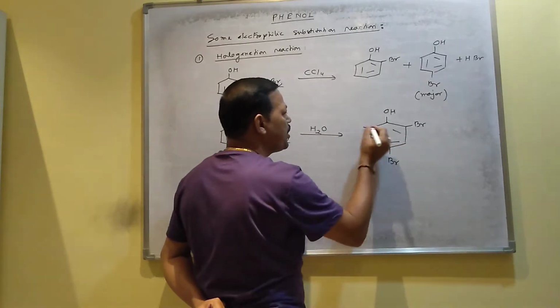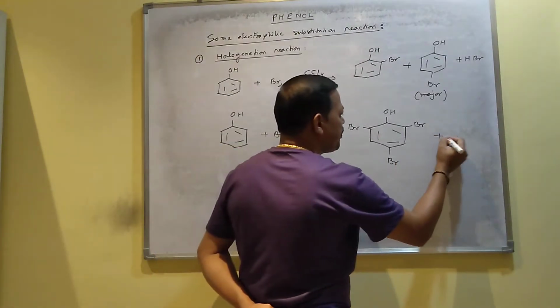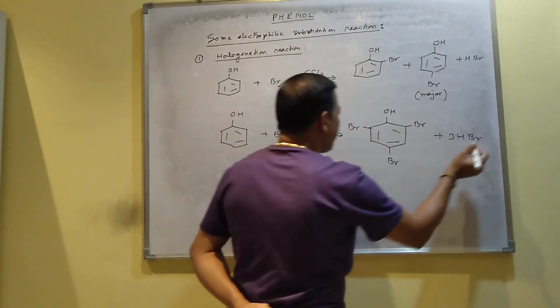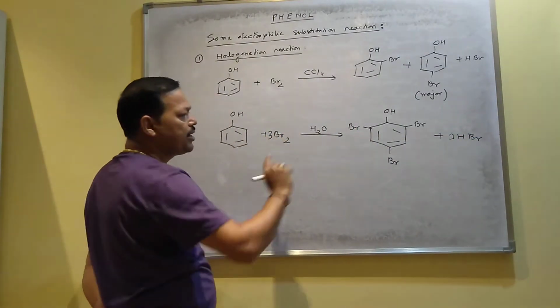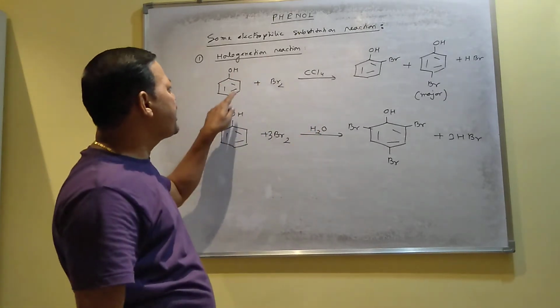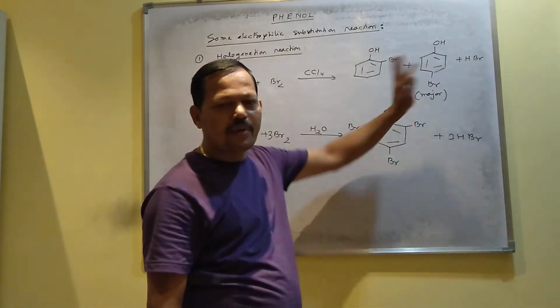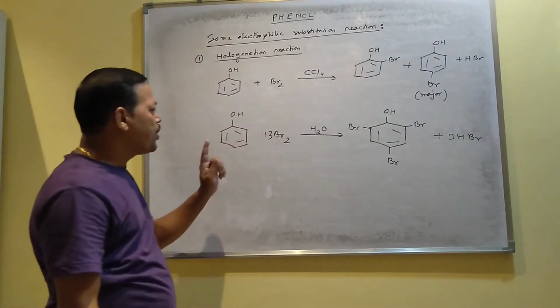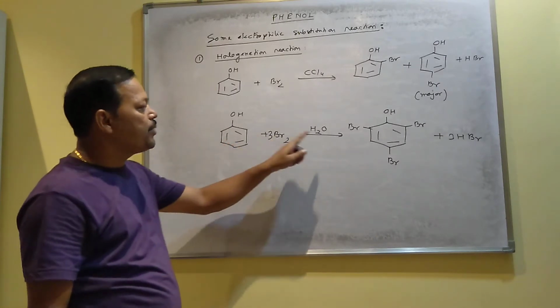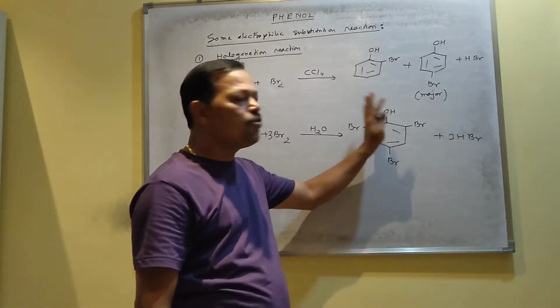You will get 3 bromines in the ring like this, and the side product you will get is HBr, and to balance it you write 3 here, then the reaction will be balanced. So when bromine is added to phenol in presence of carbon tetrachloride, you will get ortho and para products. Para is major, but when you add bromine to phenol in presence of water, you will get 2,4,6-tribromophenol.